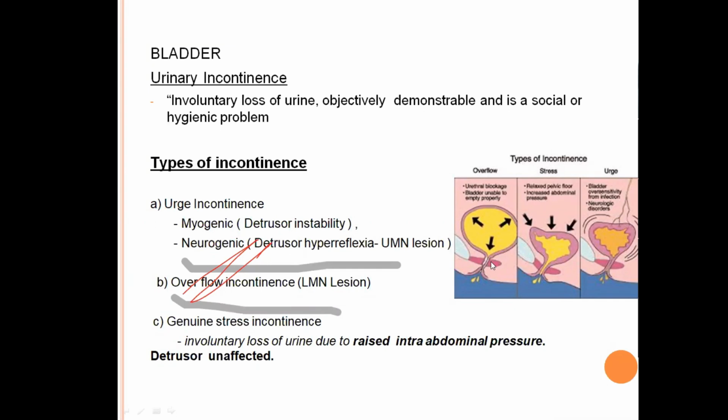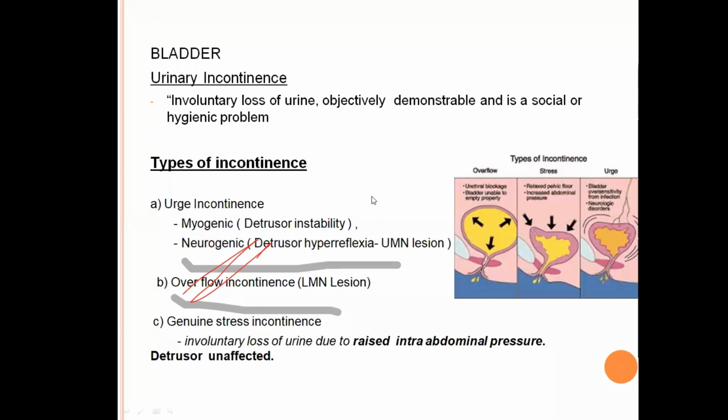But if the pelvic floor is damaged and lax, then when the bladder is pressed because of increased abdominal pressure, the urine leaks away. They don't have an incontinence of 100 ml, 50 ml. They just leak about 5 ml or 10 ml due to increased abdominal pressure.